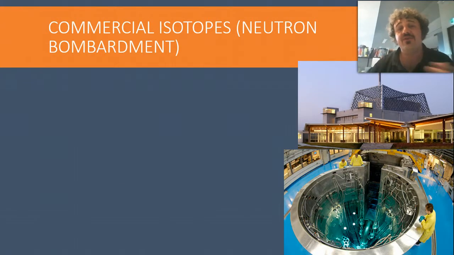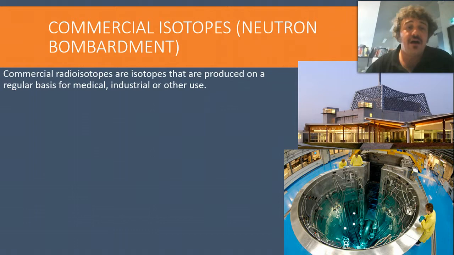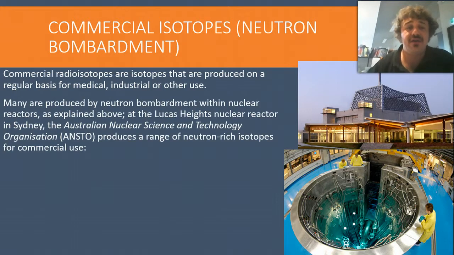All right. So the commercial isotopes produced by neutron bombardment. Basically, this is done on a regular basis for both medical and commercial industrial uses. Over here on our right, we have the Australian Nuclear Science and Technology Organisation's nuclear reactor at Lucas Heights. It's for commercial use, so it's actually used to produce radioisotopes.